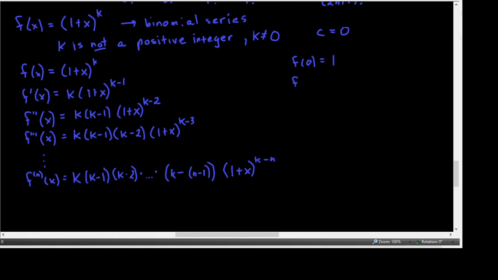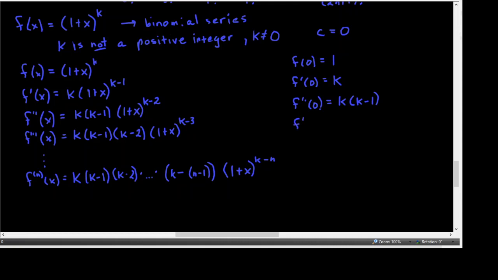Okay? Now, first derivative evaluated at 0. Of course, 1 plus 0 is 1, and 1 to any power is 1. So we'll be left with k. Second derivative evaluated at 0. That will leave k times k minus 1 times 1, as we've already discussed.